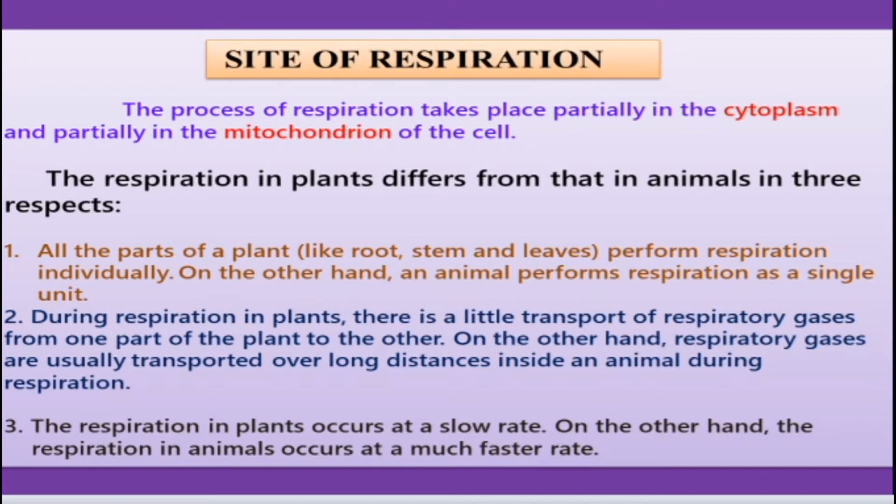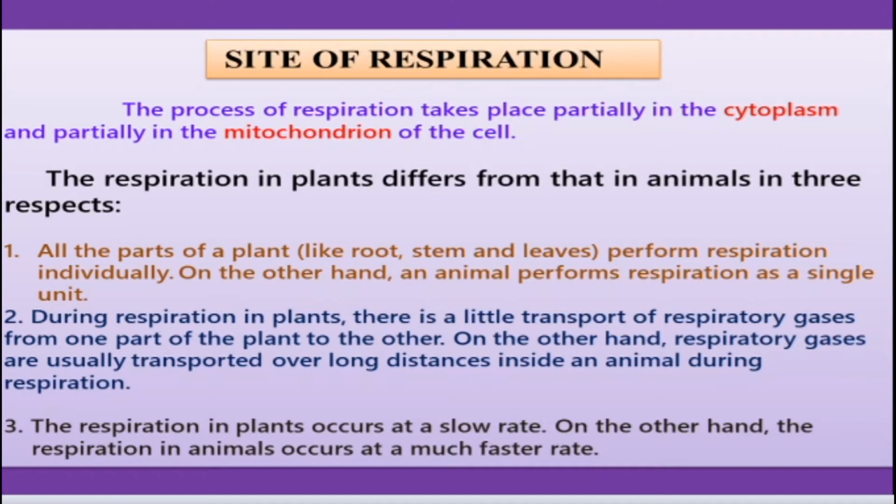The second one: during respiration in plants, there is little transport of respiratory gases from one part of the plant to another. On the other hand, respiratory gases are usually transported over long distances inside an animal during respiration.